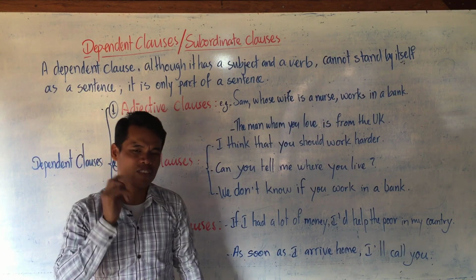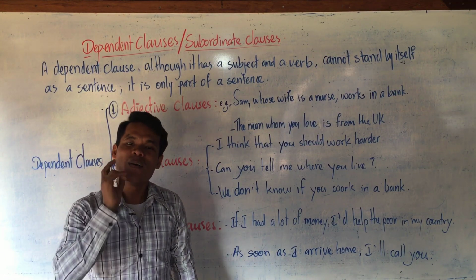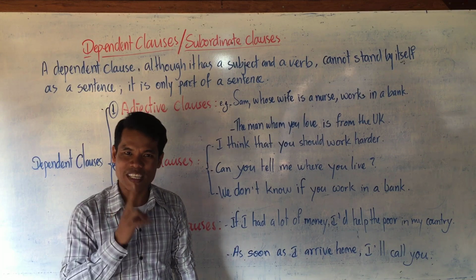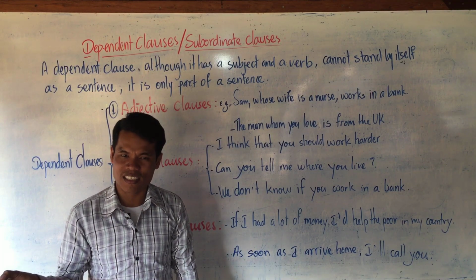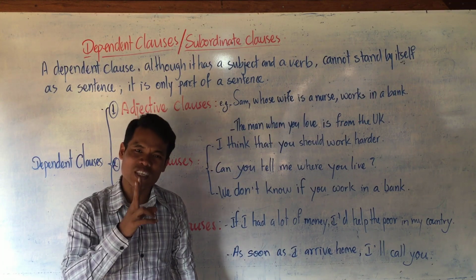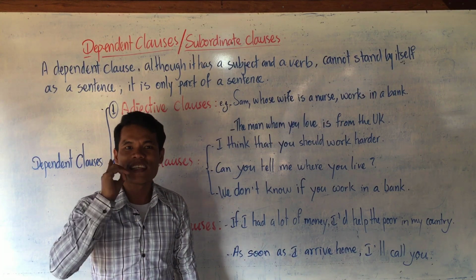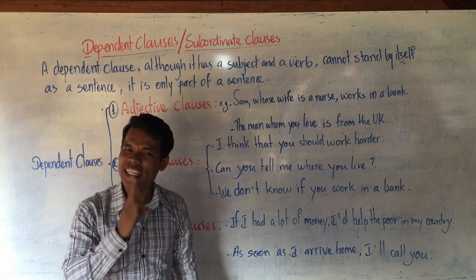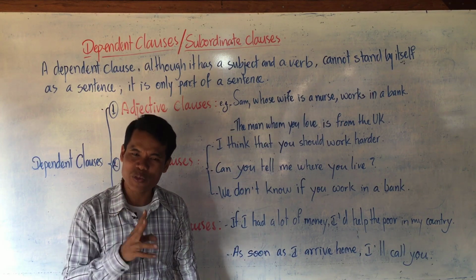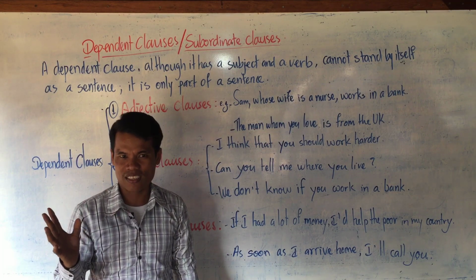Some students, especially EFL students, feel confused with this. When the question is how many clauses are there in English, their first answer is there are three clauses in English. So it means that they are confused with this answer.